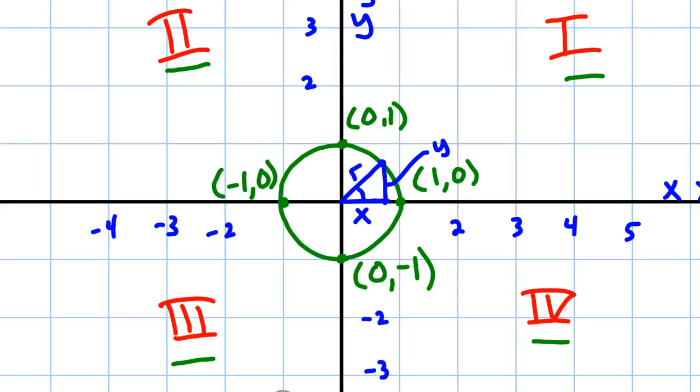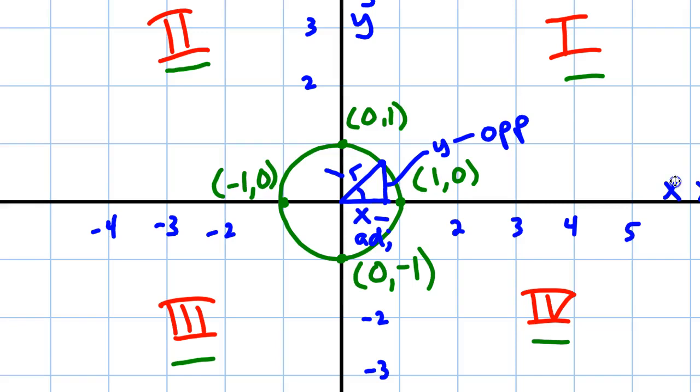And so it's pretty cool, because now instead of just angles and opposite sides and adjacent sides, now we've got the y value and the x value of the coordinate system, and then the radius r. So we can set up, now y is my opposite, x is my adjacent, r is my hypotenuse.